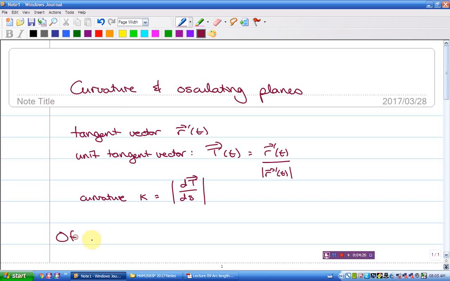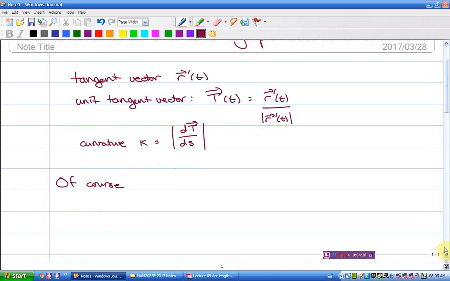Of course, because r is a function of t, r dash will be a function of t, big T will therefore be a function of t, so how can we differentiate it with respect to s? Well, s being the arc length, we could reparametrize our curve with respect to arc length, because then we'd have s throughout rather than t.